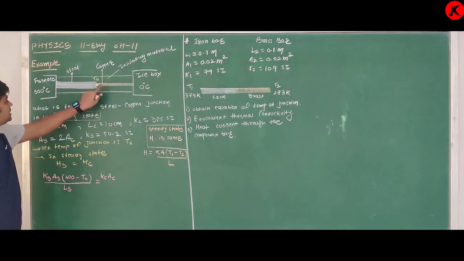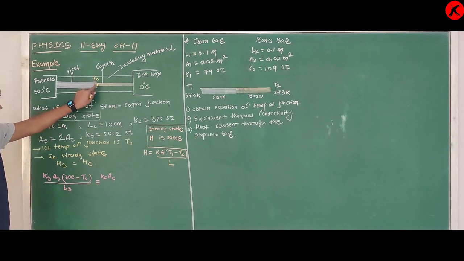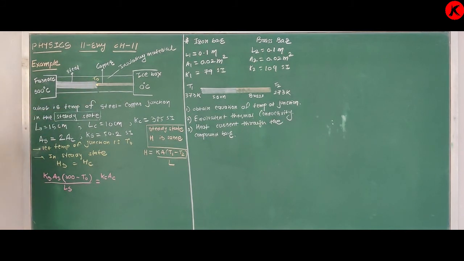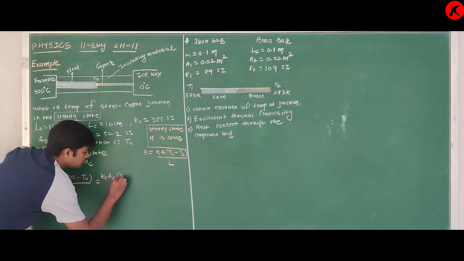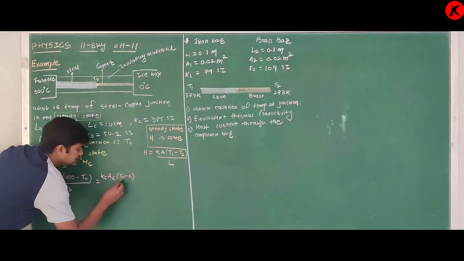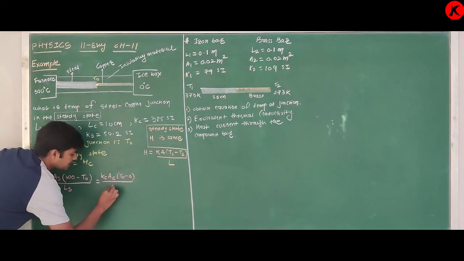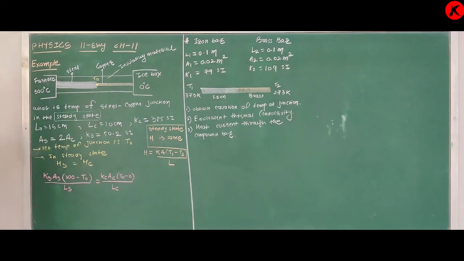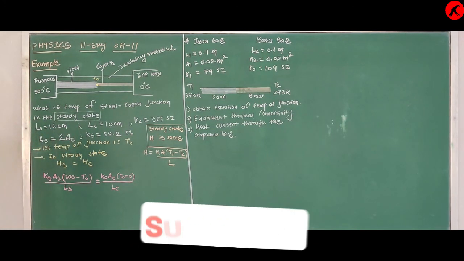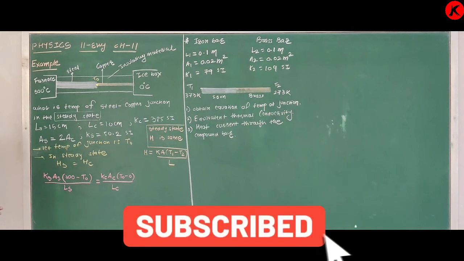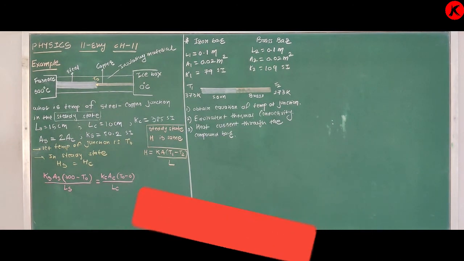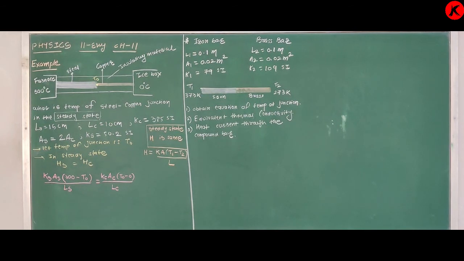Here it is 0 degrees Celsius, here it is temperature T0, the temperature of the hot end, so it will be T0 minus 0, divided by LC. Any doubt? Okay, easy. Let me check whether it is visible or not. Yes, it is clearly visible.